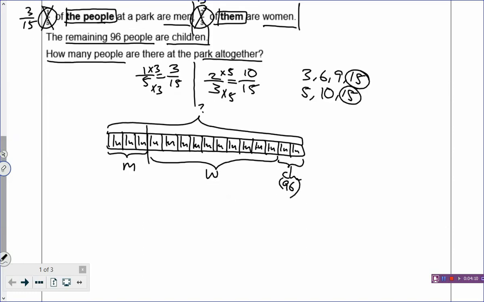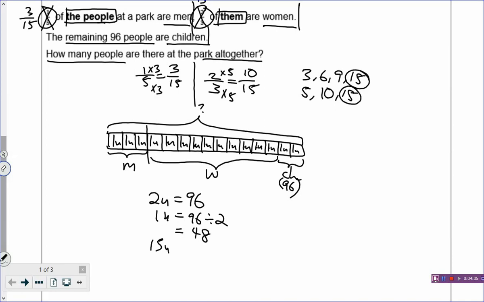Okay, now look at the model and what do you do next? You study the model and write your unit statements. So you can see that the children, there are 2 units, which is also 96. So your 1 unit will be 96 divided by 2. So your 1 unit will be 48. So how many people are there at the park altogether? So you count all the boxes.